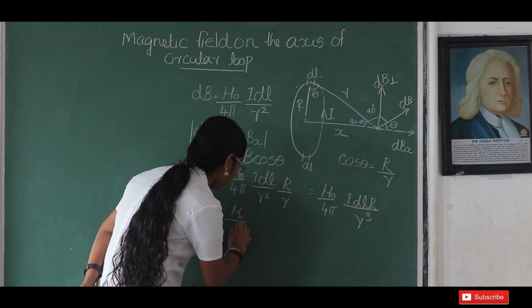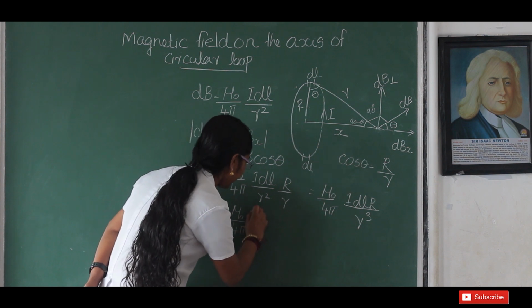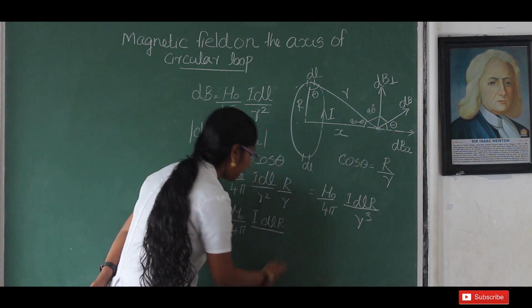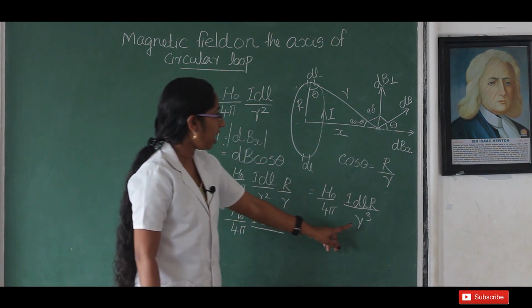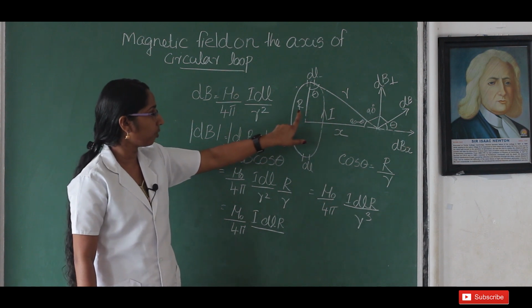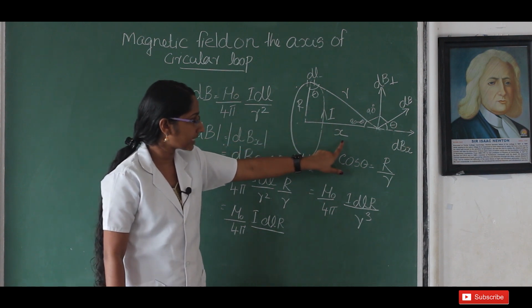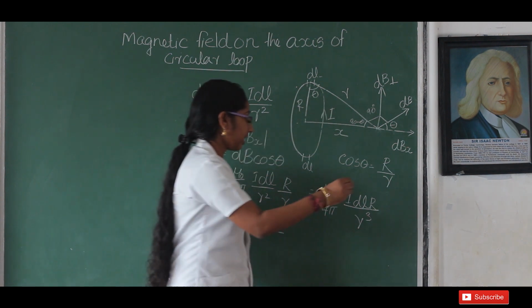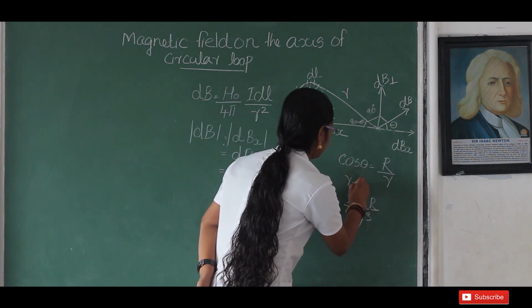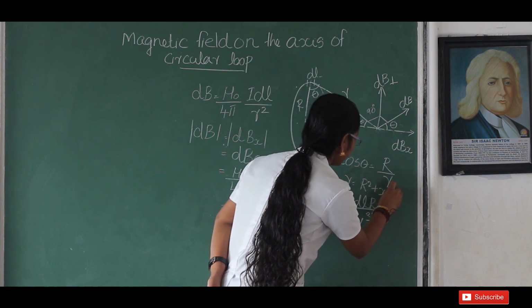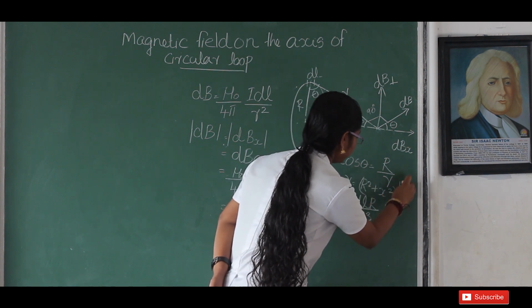mu 0 by 4 pi I dl r divided by, this r we can replace with r equal to r square plus x square all raised to half. That is our r equal to r square plus x square all raised to half.